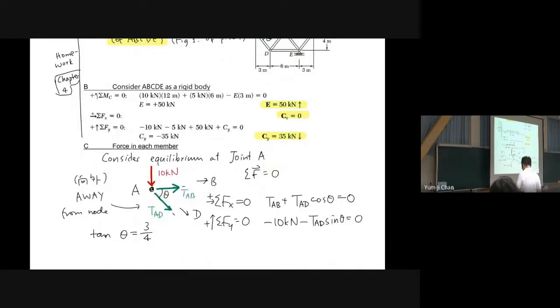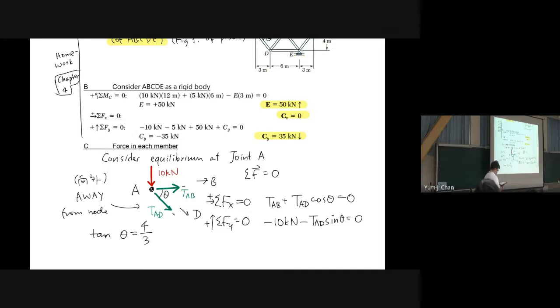Sorry that I made this wrong. So tangent theta is equal to 4/3, I think. Yeah, thank you. Oh, I made the same mistake last year, but nobody told me. Okay, it's okay. Thank you for pointing it out.